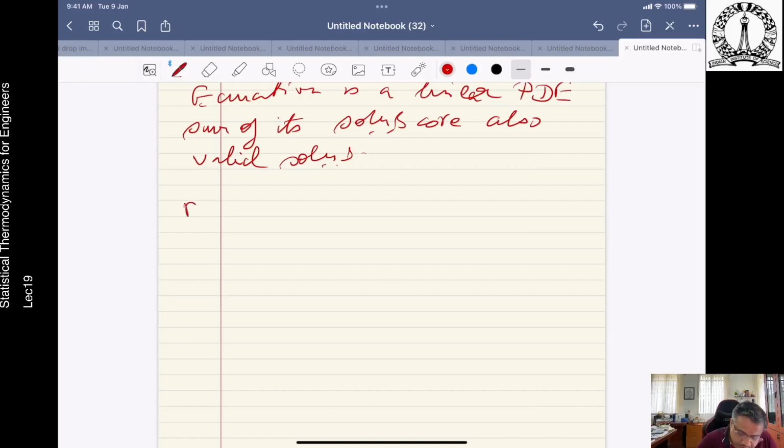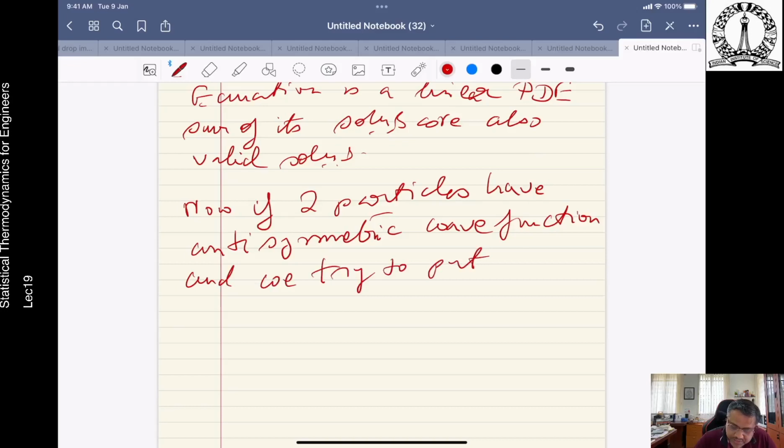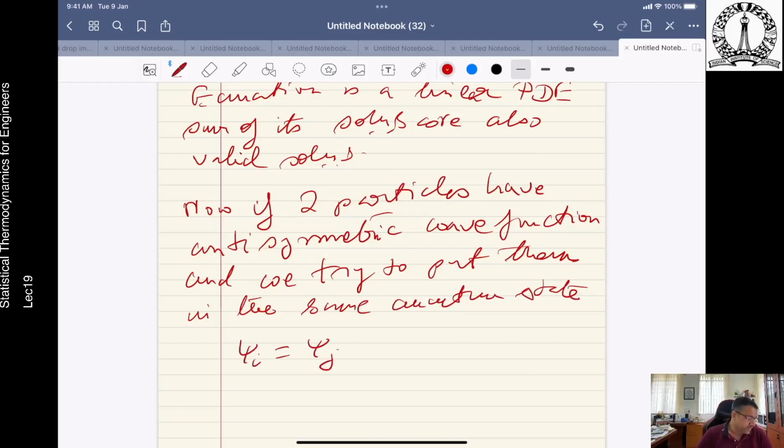Now let us assume that two particles have an anti-symmetric wave function, and we attempt to put them in the same quantum state, which essentially means that psi_i will be equal to psi_j.